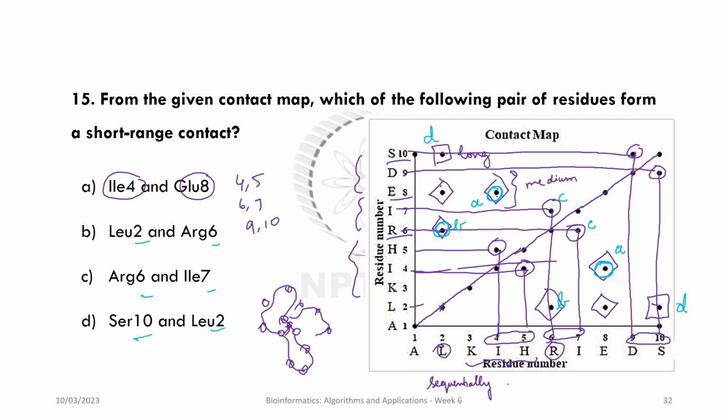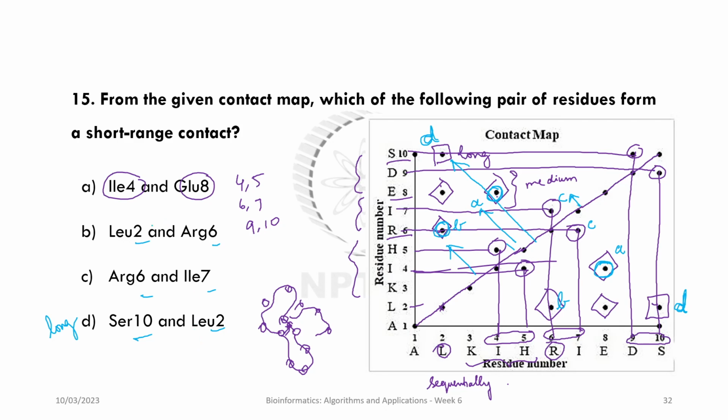So I immediately told you that 10 and 2 is a long range contact. You can see how far it is from the diagonal. And look at this. So D is the longest, farthest away, right? So 2 and 10 cannot be your option.